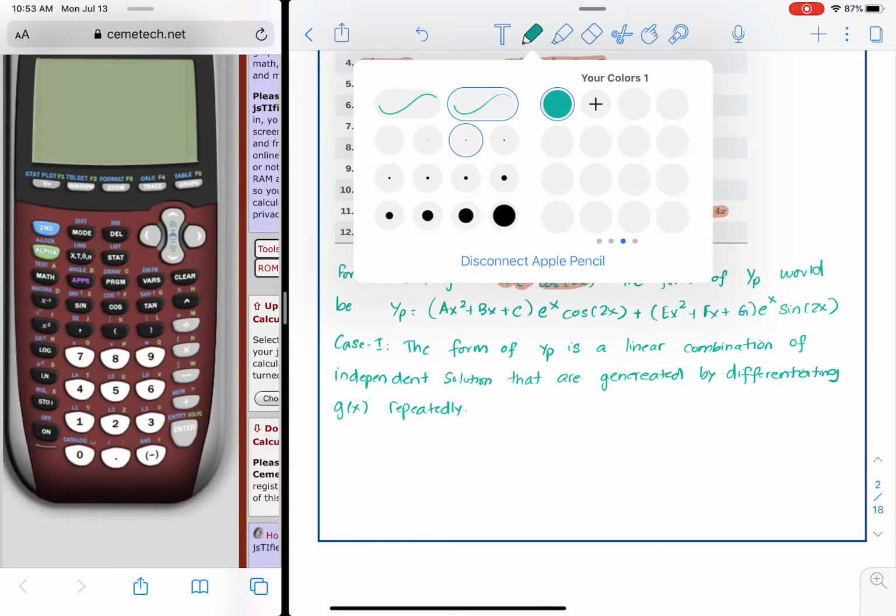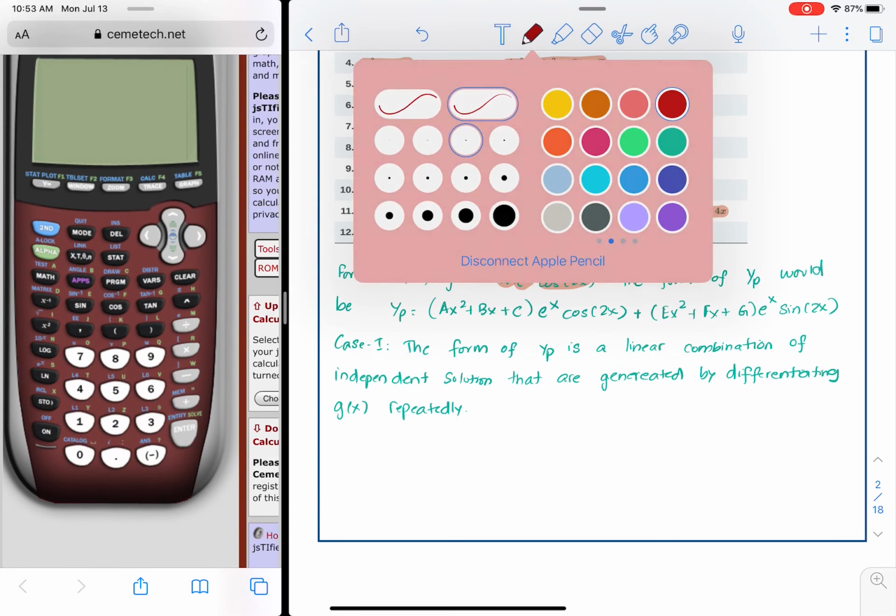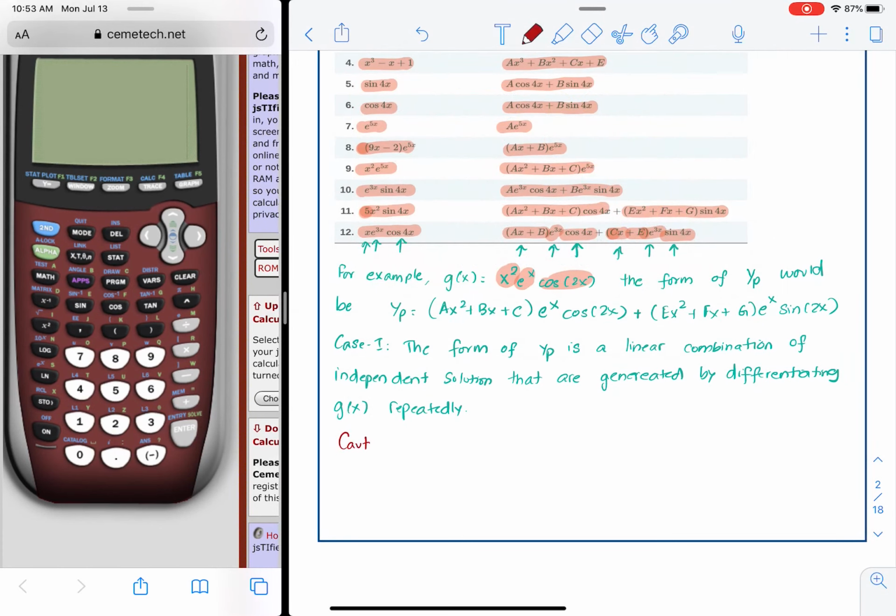And a word of caution, the particular solution cannot have any function that is duplicated in yc, because it would become linearly dependent.